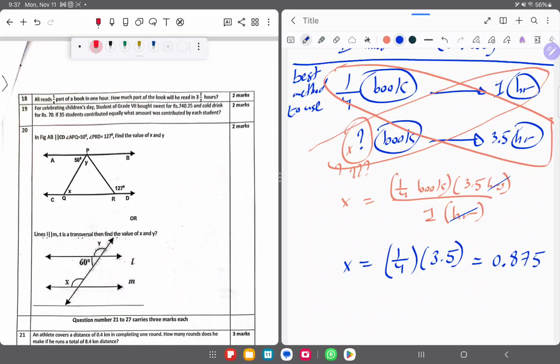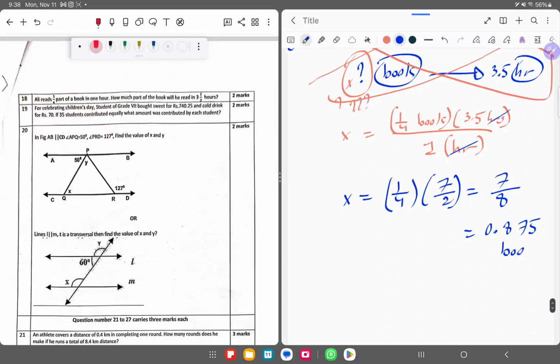X is equals to 1/4 times 3.5 is equals to 0.875. Now what is 0.875? 3.5 is 7/2. 7/2, this is 7/8, yeah. 7/8 is 0.875. Okay.